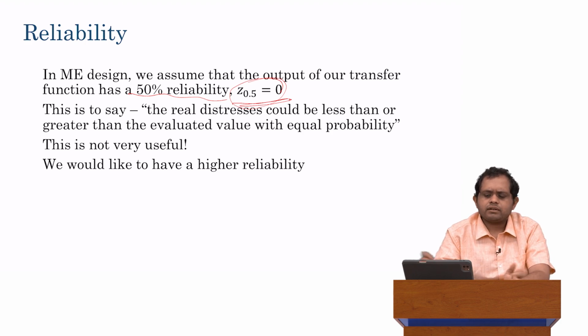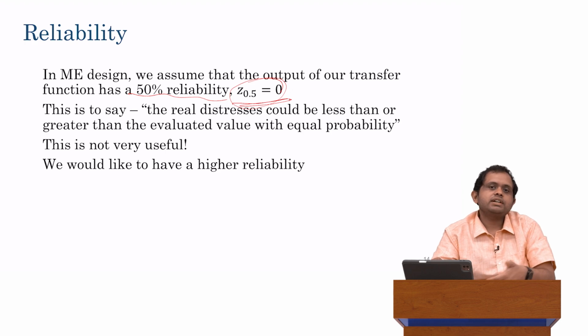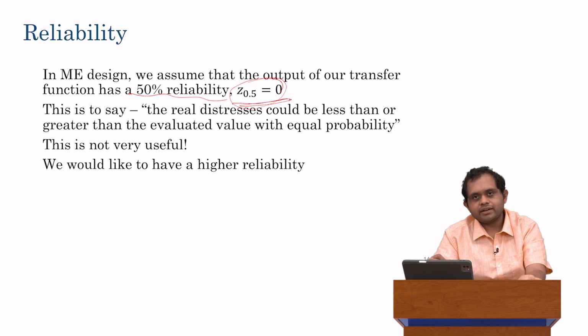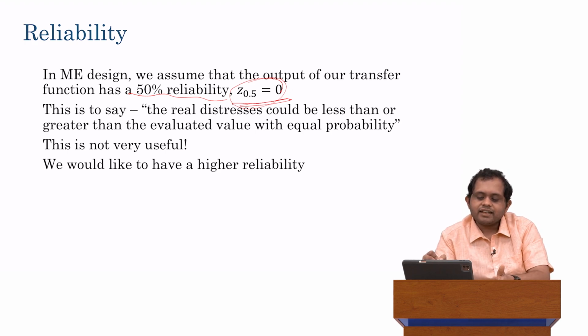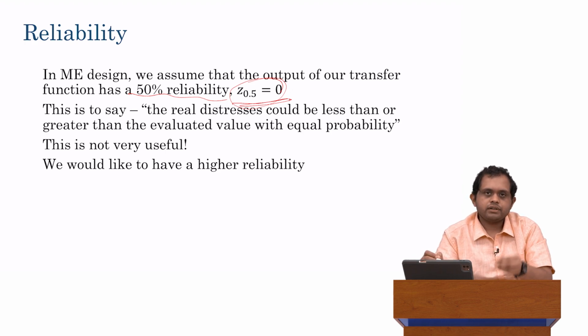What does that mean in practice? What we are basically saying is the real distress. So we have calculated some distresses in our design. What we are saying, half the time the actual distresses in the field will be more than that value, and half the time the actual distresses will be less than that value. So the real distresses could be less than or greater than the value evaluated using the transfer function with equal probability.